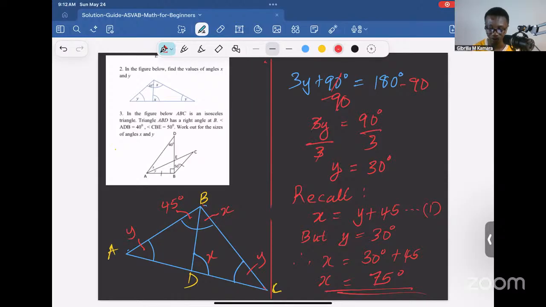So that is it for question 2. So x is 75. Your y is 30 degrees. So this again is going to be 75. Then this is 30 degrees. Okay?